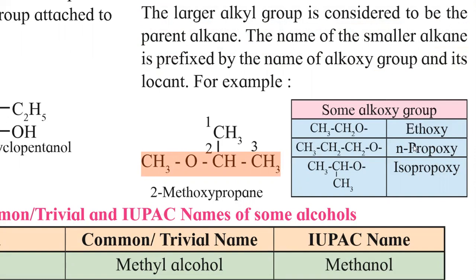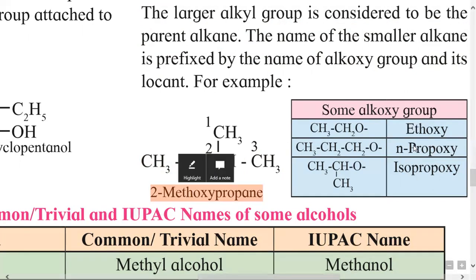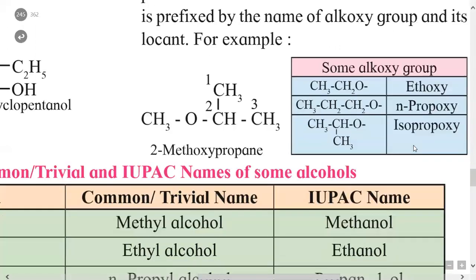The second carbon contains this methoxy group, CH3O. The group is bonded to the second carbon in this alkyl group. So the correct IUPAC name is 2-methoxypropane.